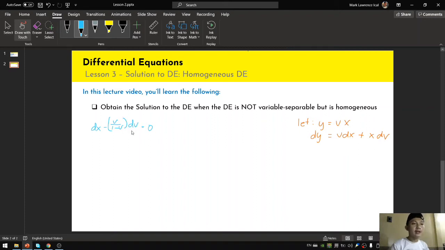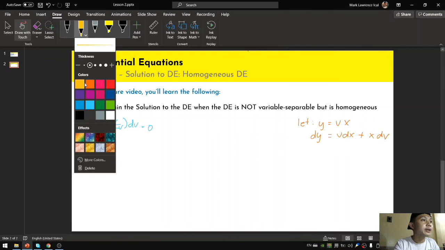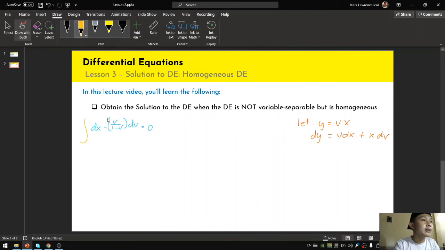So, again, second step for the variable is we're going to integrate. So, integrate natin. So, we know that the integral of dx is x. How about for this one? The integral of v over 1 minus v dv is equals to, okay.